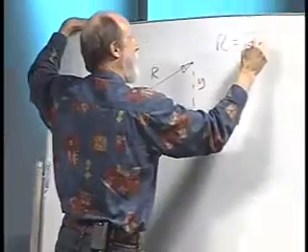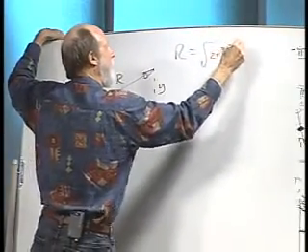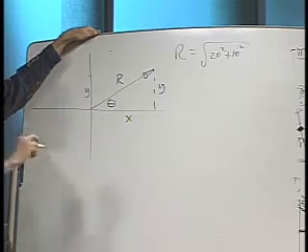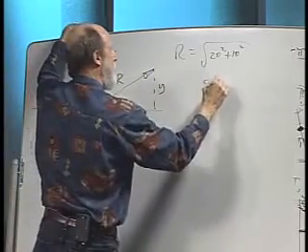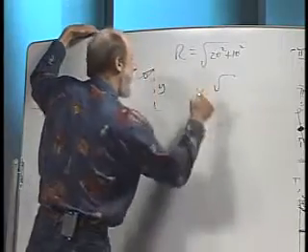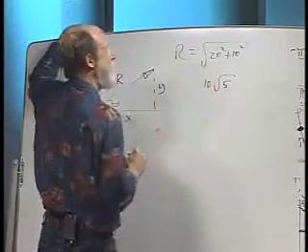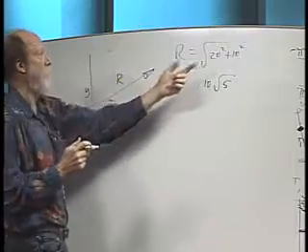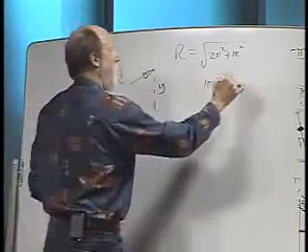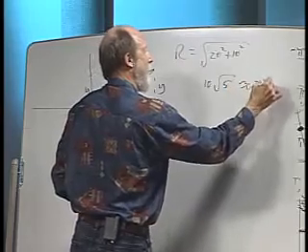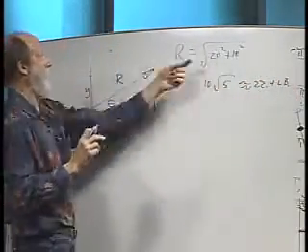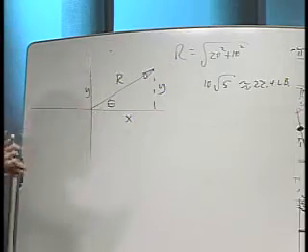We have 20 here and 10 there, square root of 500, right? So about 22.4 pounds if it was 20 pounds to the right and 10 pounds up.